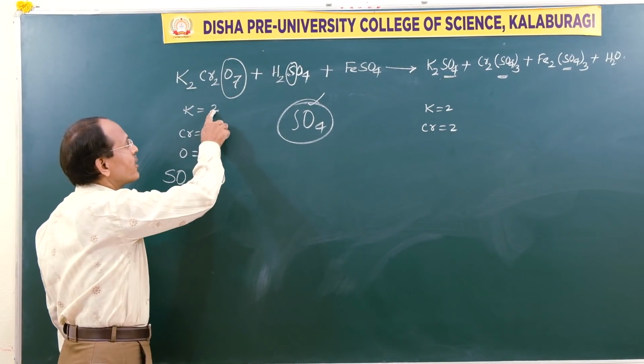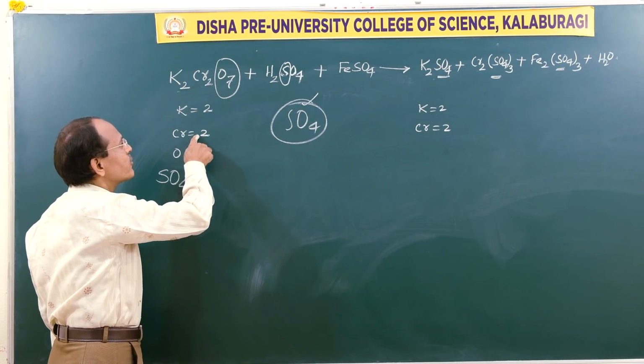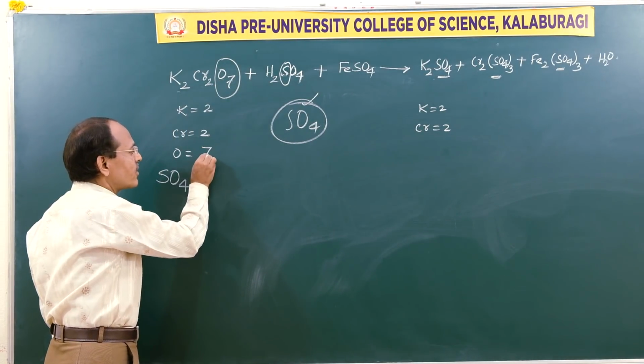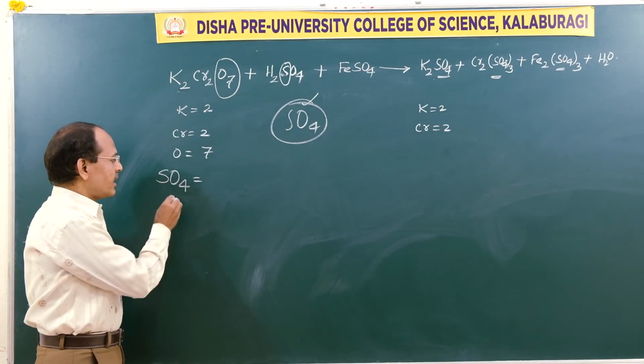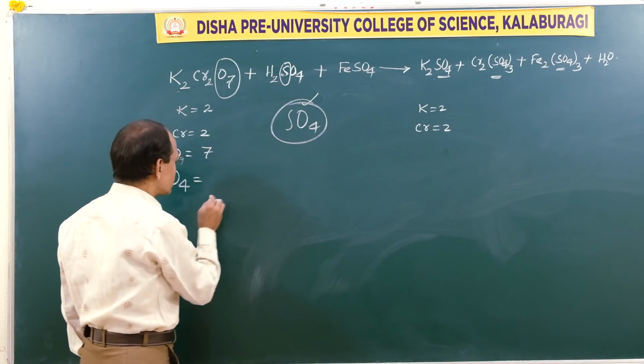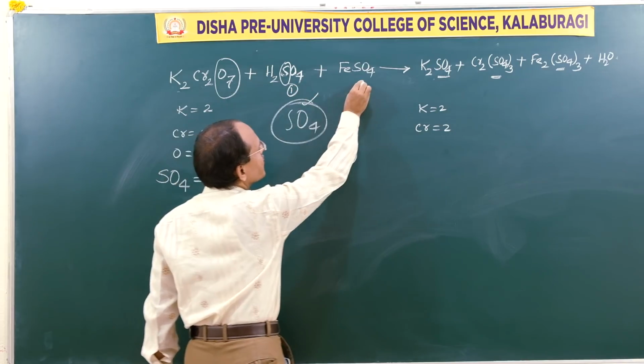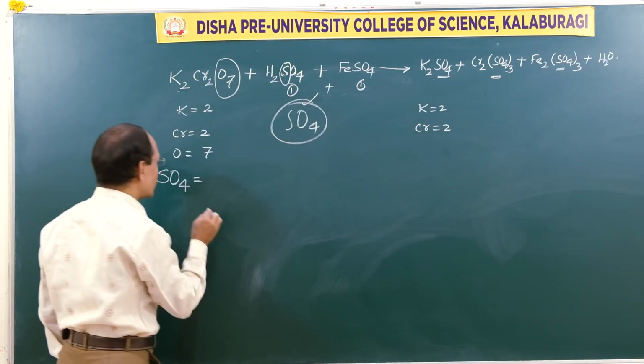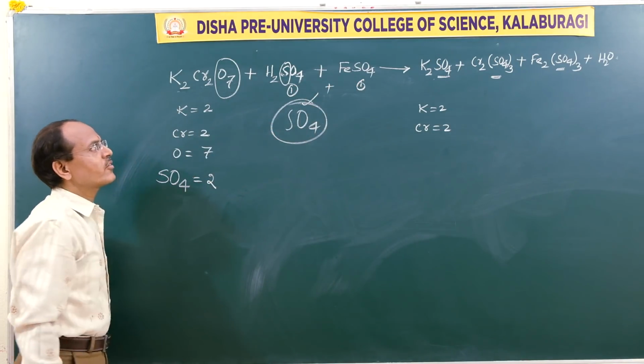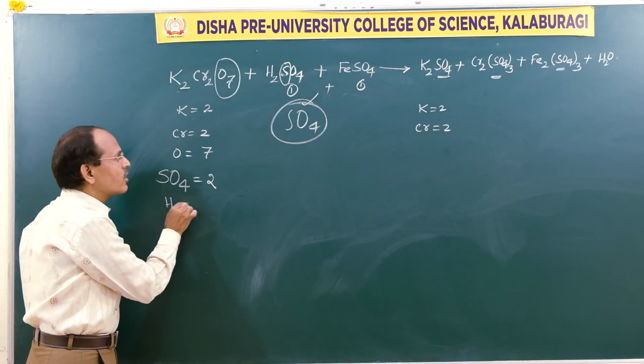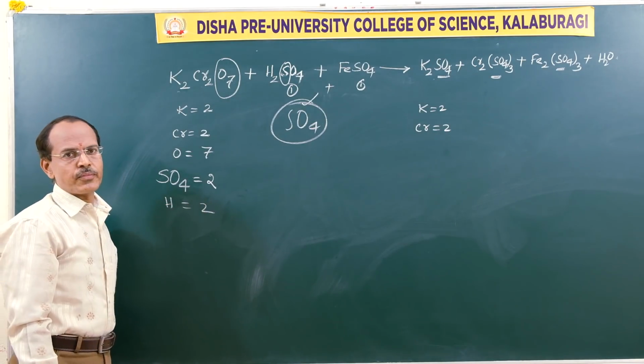So now potassium is 2, chromium is 2, oxygen is 7. Then sulfate, how many are there? 1 plus 1, there are 2 sulfate units, and hydrogen is 2.